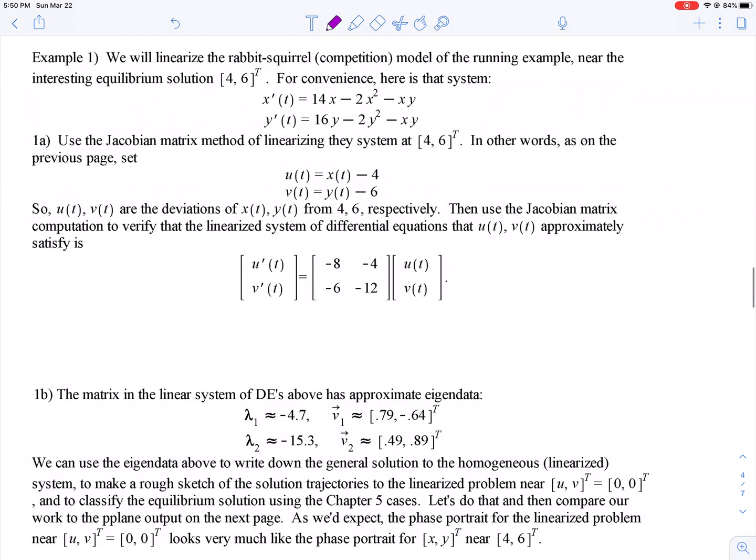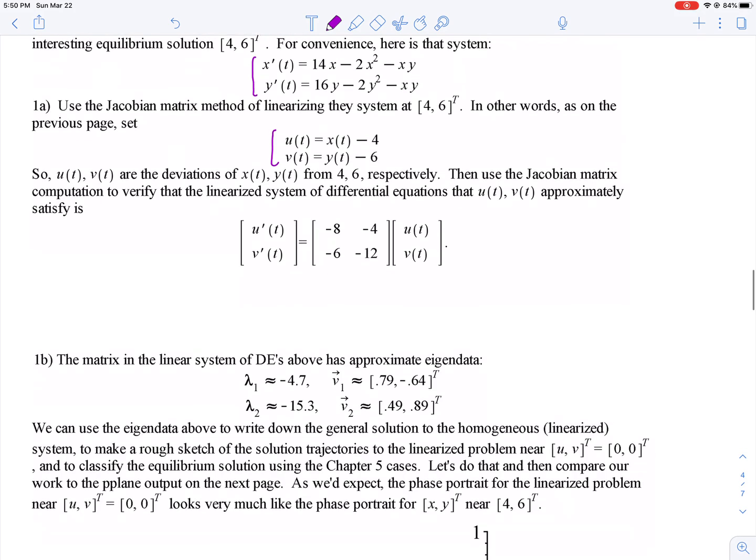Okay, so now let's do the linearization for that rabbit-squirrel competition model. And remember, in the linearization, we're getting solutions u of t, v of t, which are telling us how much xy varies from the point 4, 6. Here we go.